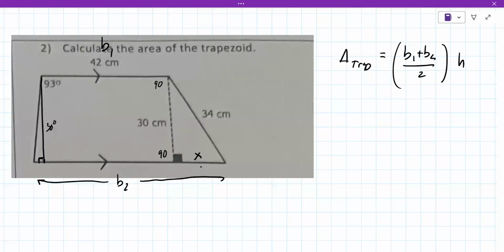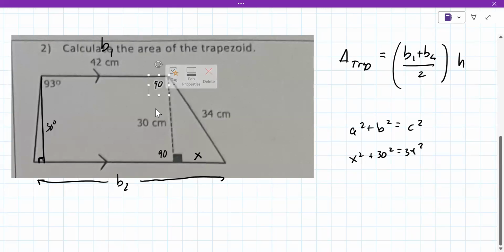This is actually a Pythagorean triple. If you don't see it, you have to use a squared plus b squared equals c squared. X squared plus 30 squared equals 34 squared to find X. So if you could do that for us, please, appreciate it.